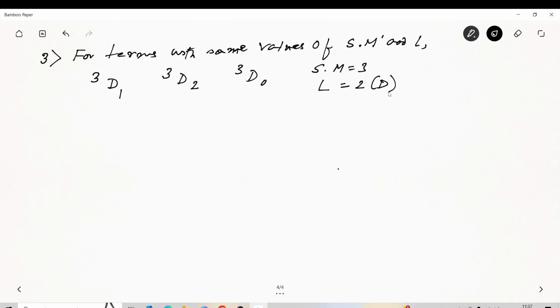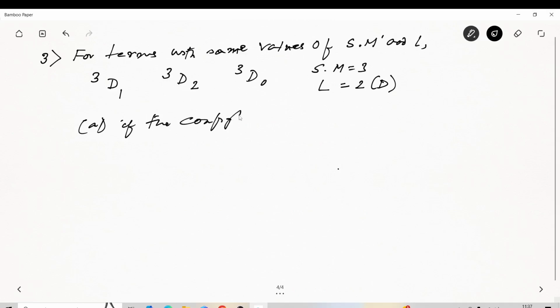So for terms with the same values of spin multiplicity and S, there are two portions here.